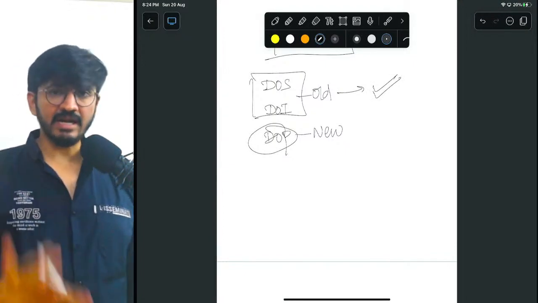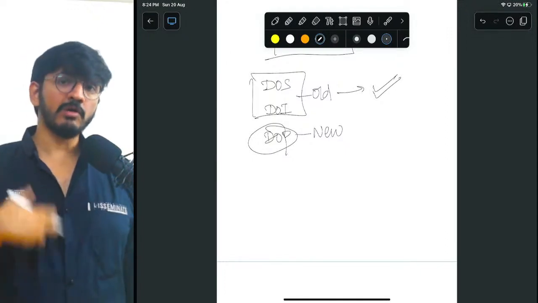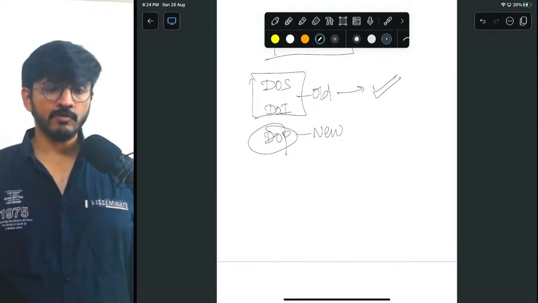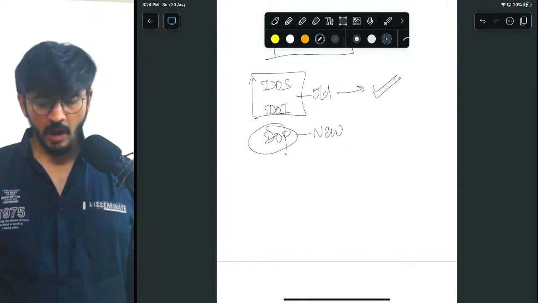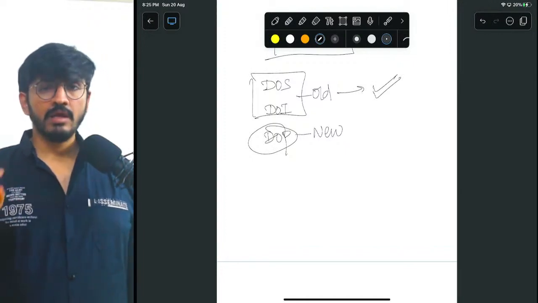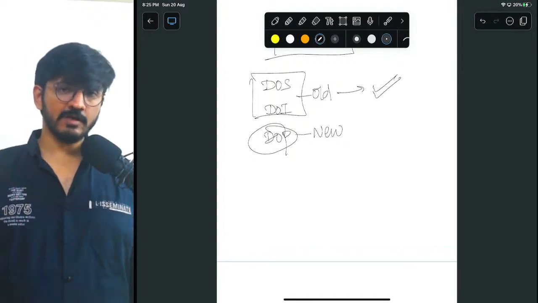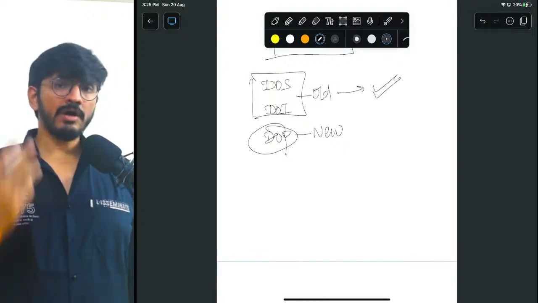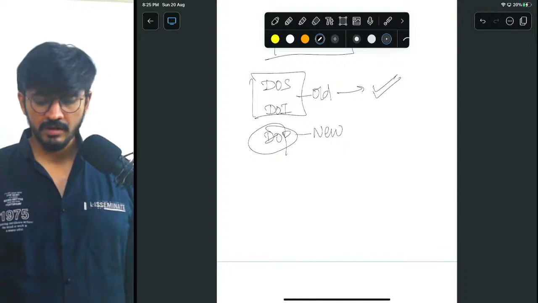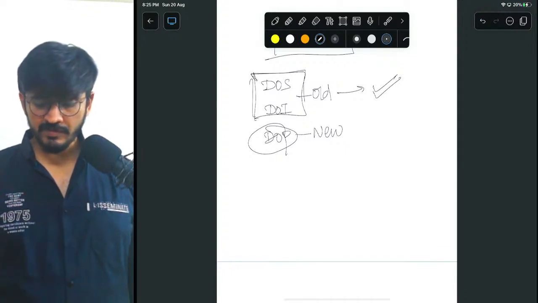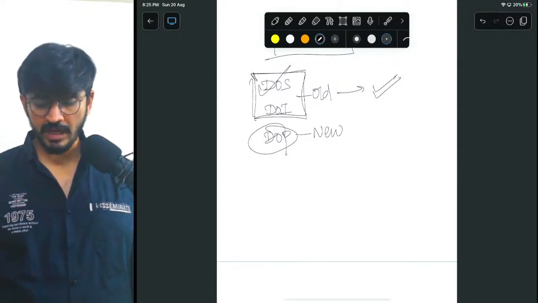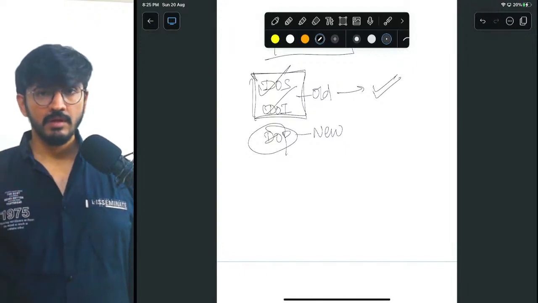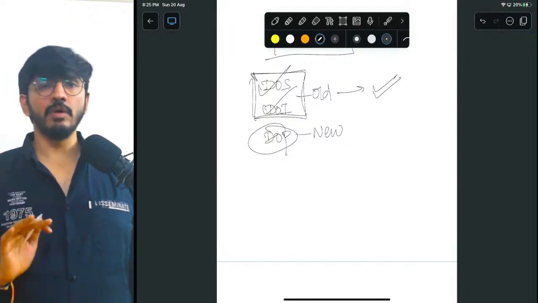But that is just the rate. Now we also need to find out the date, because we also have to find out the time of supply. How will we find out? Very simple. In section 14, when it comes to supply of service, the time of supply will either be DOI or DOP. Since we've taken the old rate, we also have to find out the time of supply from either of them, from DOS or DOI.